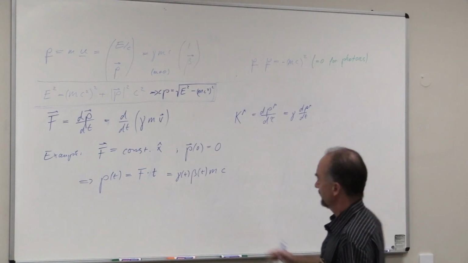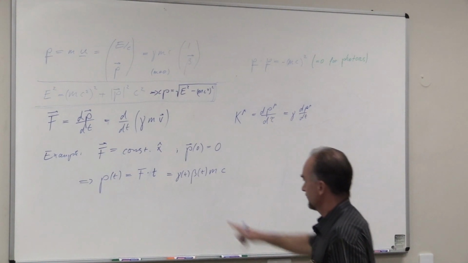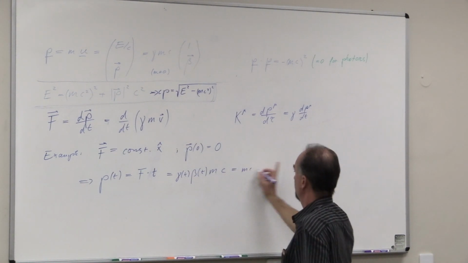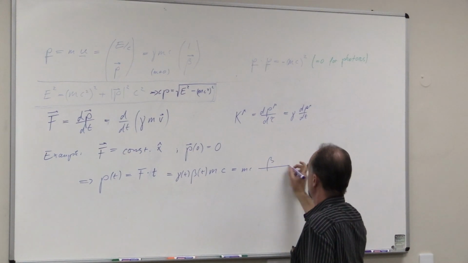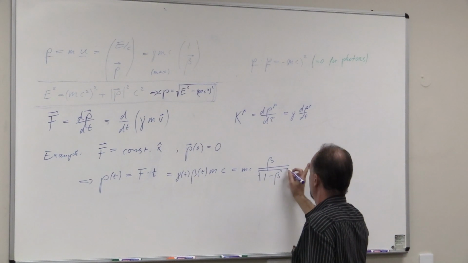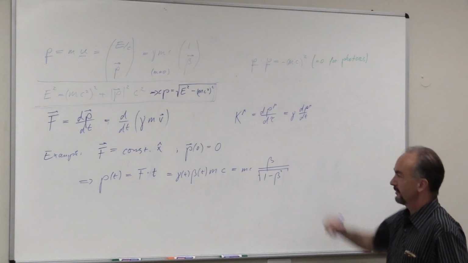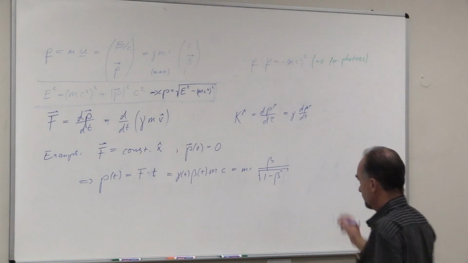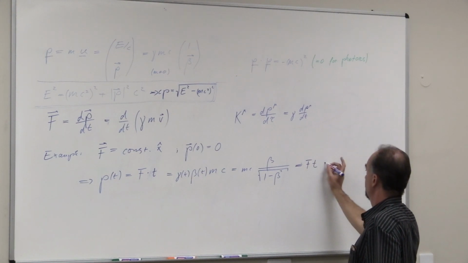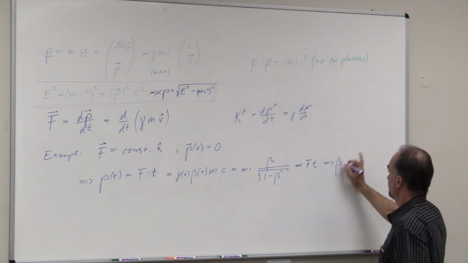We can solve this either for gamma or for beta, but I think what we ultimately want is beta. So this is mc beta over square root of 1 minus beta squared, understanding that beta is a function of time here, and this was F times t. So we can calculate beta as a function of time.